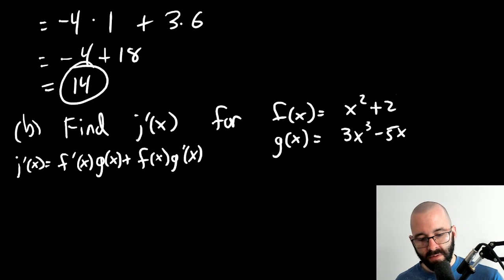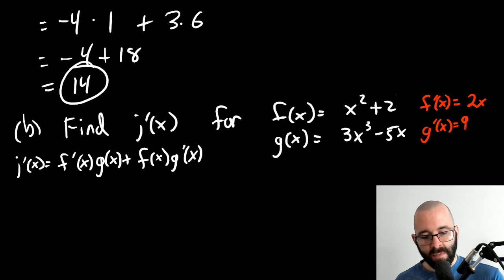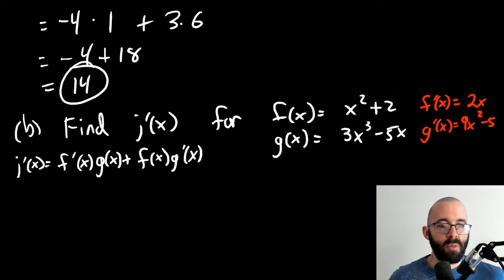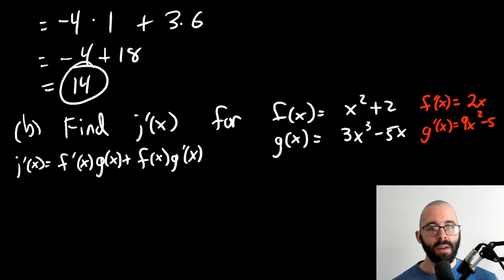we have this. We can use the power rule and a bunch of other rules to get that f prime is 2x and g prime is 9x squared minus 5. And hopefully at this point, you're comfortable enough with the power rule and the sum rule, the constant multiple rule, to see where these are coming from. But you can also go off to the side and do them in longer steps. Now we just replace everything.